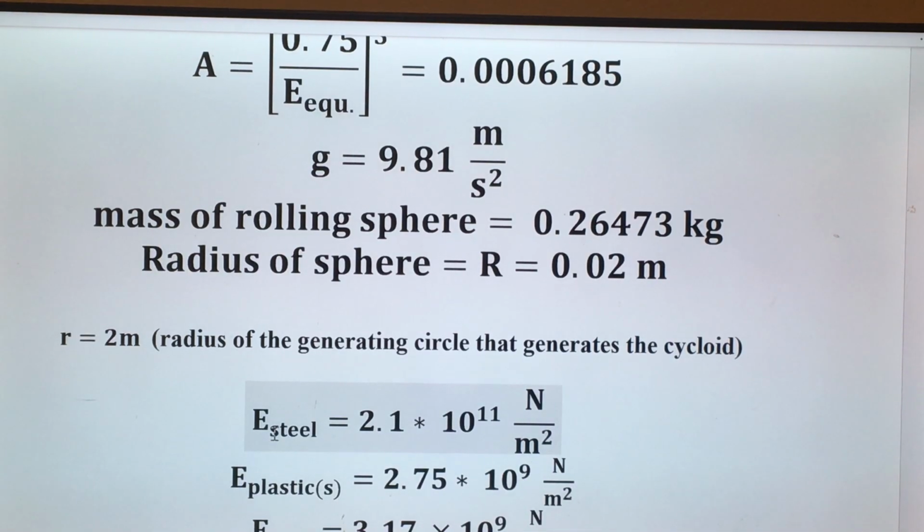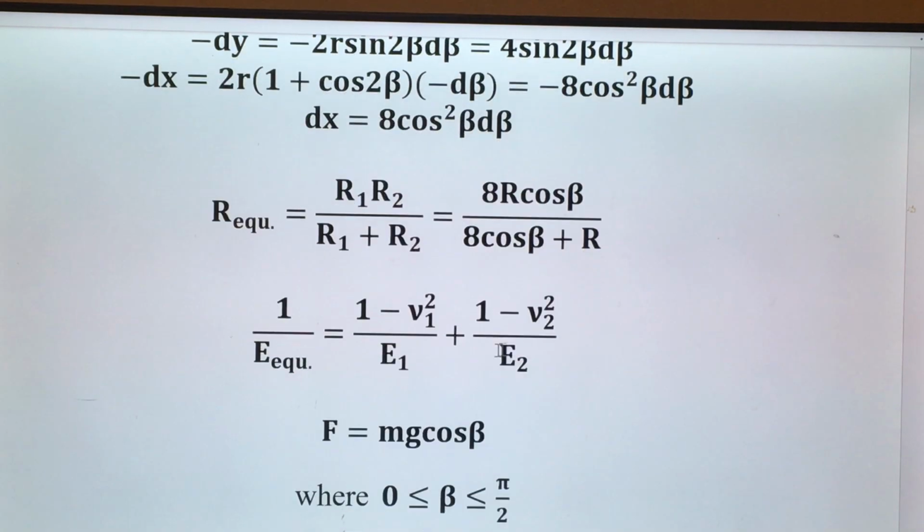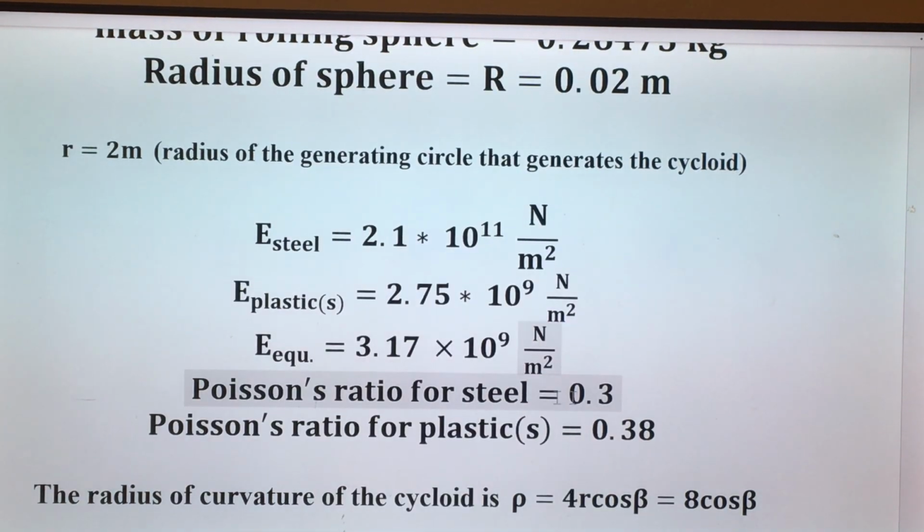E is the modulus of elasticity for steel, 2.1 times 10 to the power 11 Newton per square meter. Modulus of elasticity is also called Young's modulus. For plastic it is 2.75. Plastic is less elastic and steel is more elastic. So the equivalent E is given by this, where nu is the Poisson's ratio. Poisson's ratio for steel is 0.3 and for plastic is 0.38.